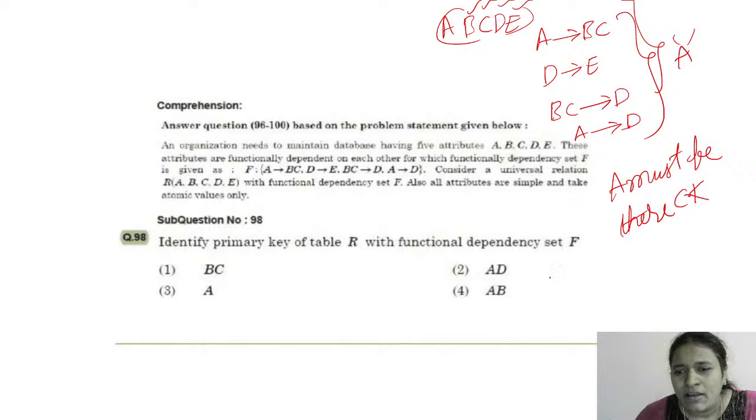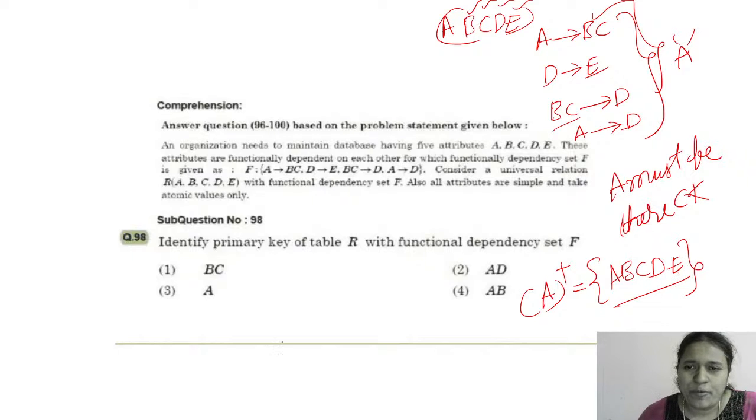First we will see the closure of A, because the candidate key should always be minimal, right? In the closure of A, A determines BC, and BC determines D, and D determines E. We got all the attributes of the relation.